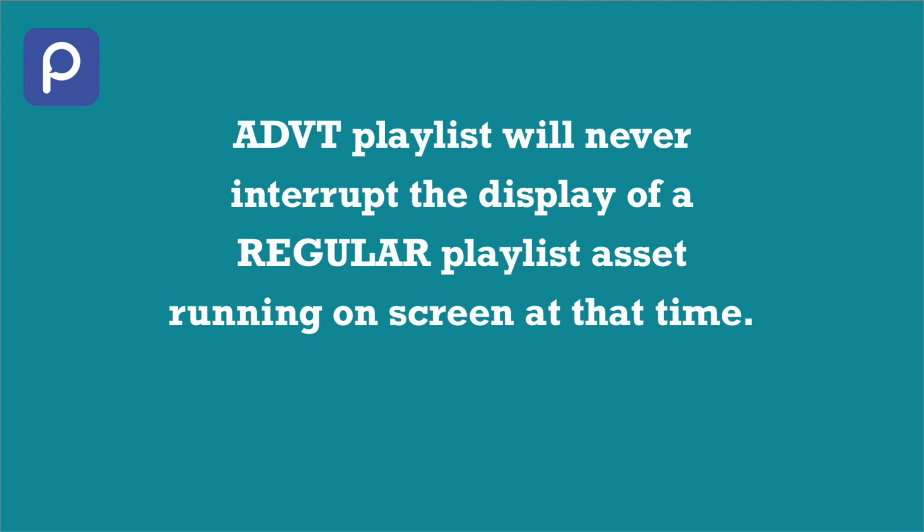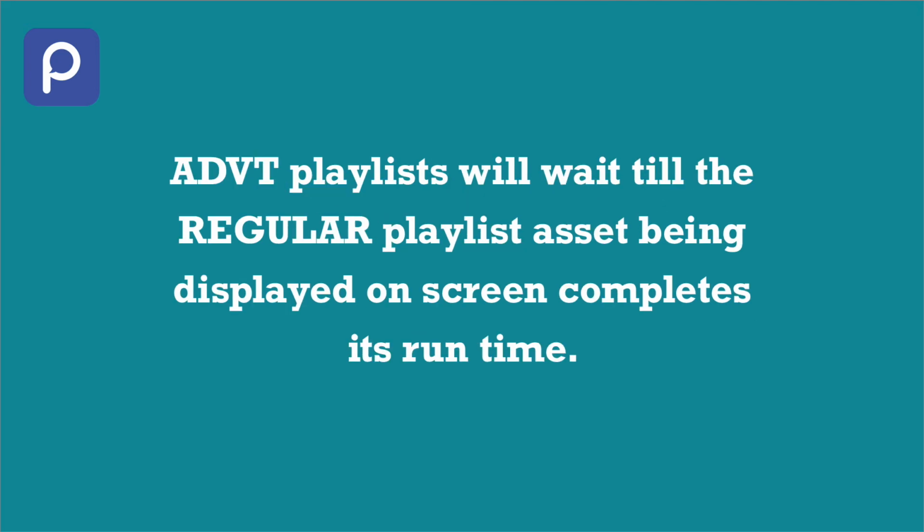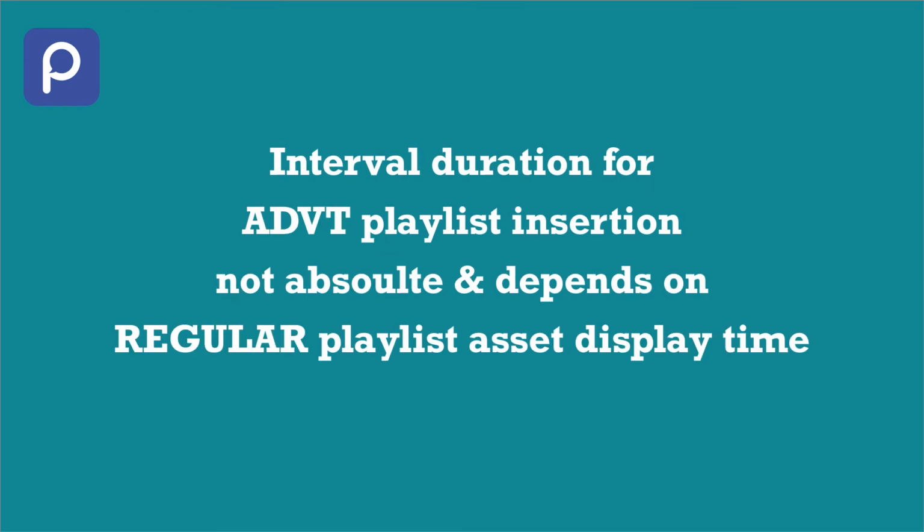The regular playlist asset will complete its display time of 10 minutes. After this completion and before the beginning of next asset, scheduled contents from advert playlist will be inserted. So, though your given interval for advertisement playlist display is 5 minutes, this time frame will not necessarily be absolute. As said above, an asset from regular playlist will not be interrupted in between display.